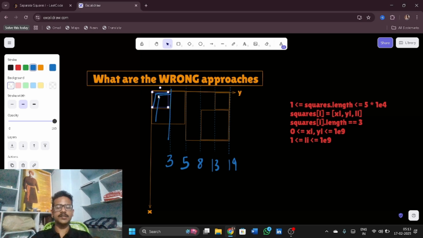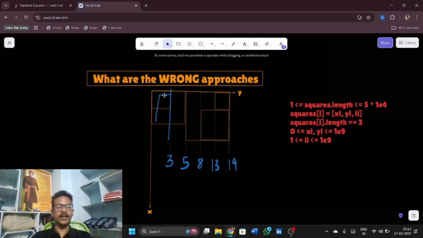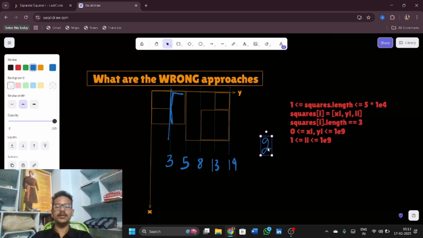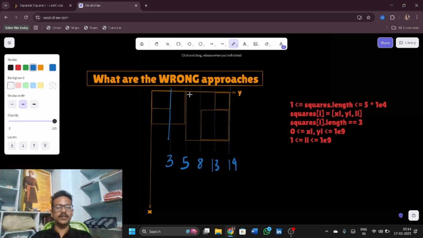Now there is another square, and I only need the rectangle's area, which is 2 into 1. If I add 2 to my 3, it becomes 5. After that I have another 3 into 1, which is 3, and adding this to 5 gives 8.